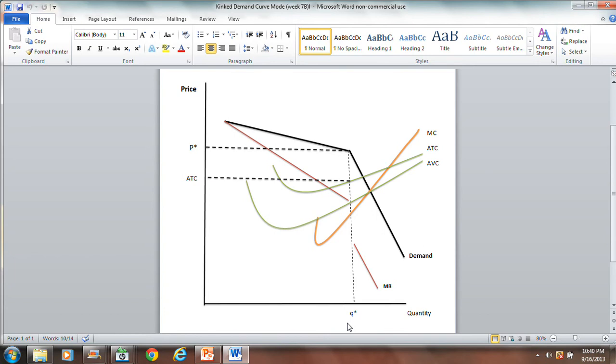And so when you compare the revenue to the cost, in this case, notice at Q star, the price is greater than average total cost, and that suggests profit. So the model is saying that the oligopolistic firm will experience an accounting profit based on this choice.